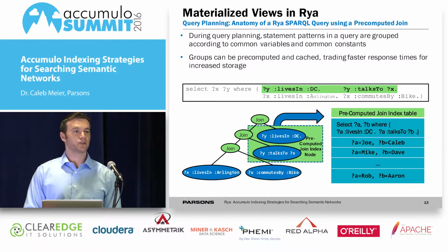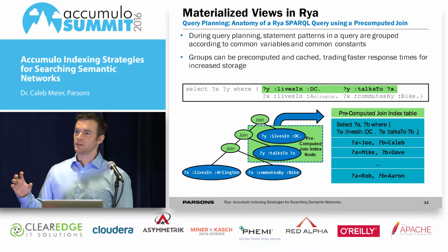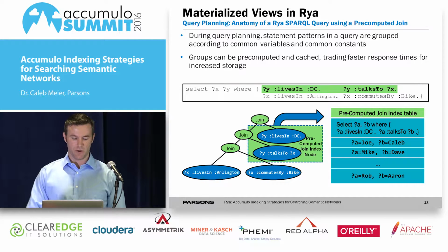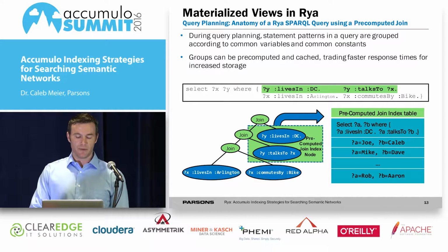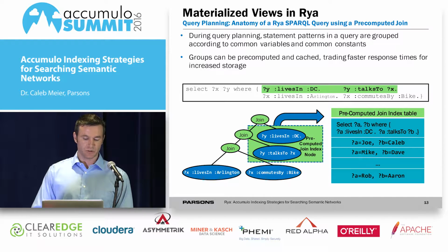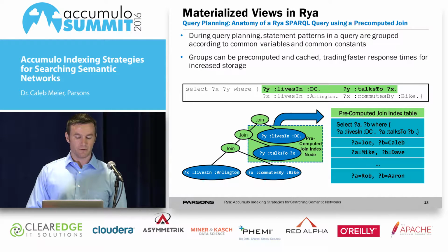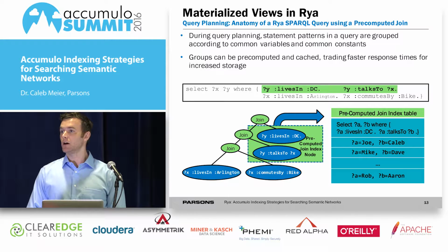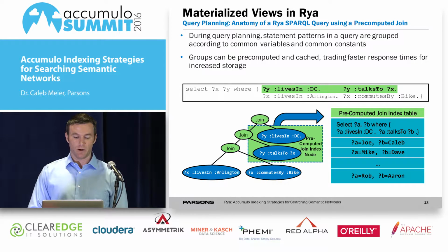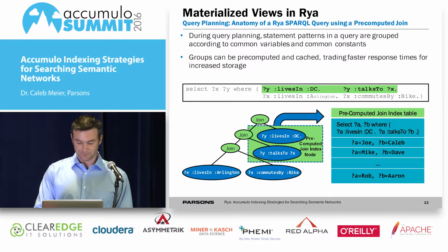So we say that's a match. And then we package those nodes together into what we call a precomputed join node. And at query time, that precomputed join node effectively scans the precomputed join table. And we've essentially reduced our resulting query plan from one that has 3 client-side joins to now one that has 2 joins.